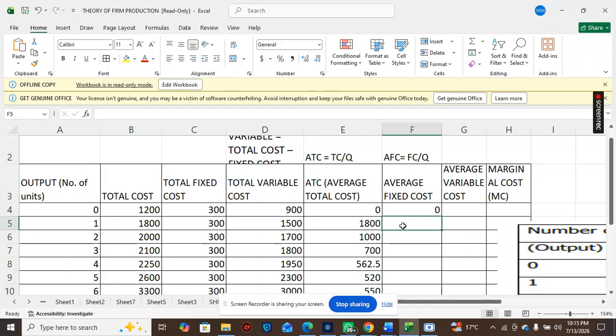When you produce 1 unit, remember, fixed costs stay the same. They are not dependent on output. So when you produce 1 unit, average fixed cost is 300. That's the fixed cost per unit there. When we produce 2 units, fixed cost is still 300. We're producing 2 units, the fixed cost per unit is 150.